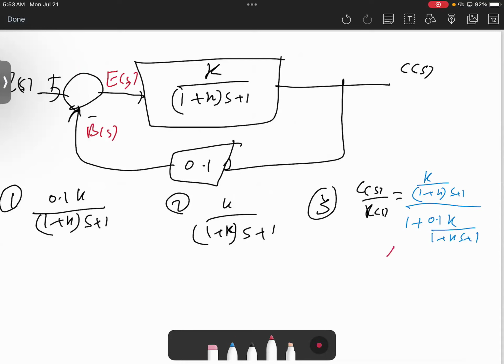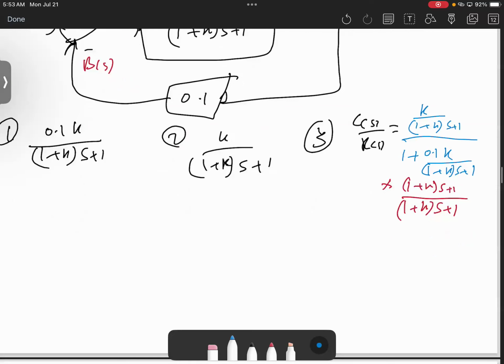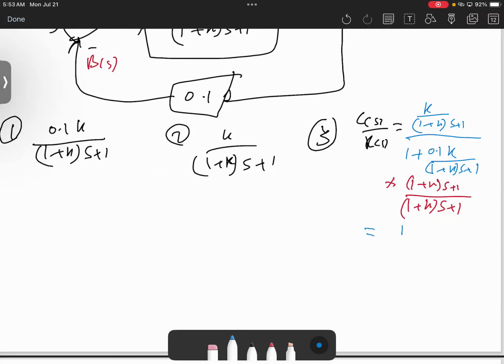Then multiply this by 1 plus k s plus 1 divided by 1 plus k s plus 1. This yields the transfer function to be k divided by 1 plus k s plus 1 plus 0.1 k. This is the closed loop transfer function.